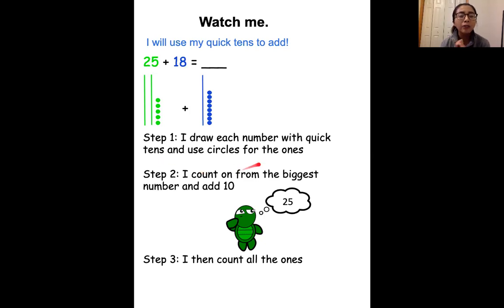Let's look at the next step. I count on from the biggest number and add 10. You can see our little friend here is helping us know which one is the biggest number. It's 25. So I'm just going to say, okay, 25. Just like our little friend, put that number in your head, 25. But I wonder what it means to add 10. Oh, it's talking about adding the 10 from 18.